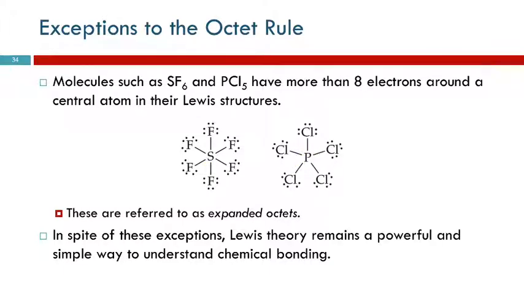This can only happen with the larger elements, period 3 and larger. Again, you do not need to be able to write these structures, you just need to know that they do exist.